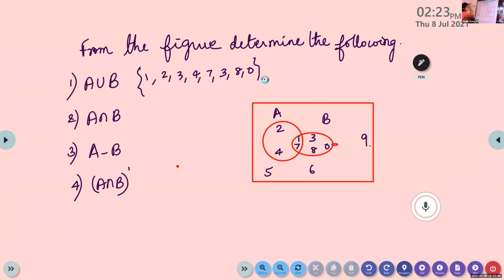Okay. Is it correct? Is it this answer, Align? Okay, voice is breaking. That's what I'm not able to hear properly. Look at the board, is it correct or any other number you included?